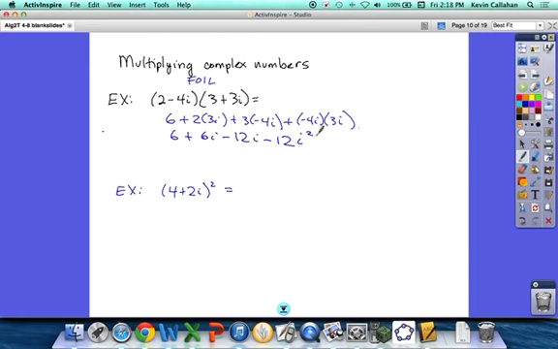But remember what we said on that first slide that had i in it: i squared equals negative 1. So 6i minus 12i is minus 6i. And this is negative 12 times negative 1. Replace the i squared with negative 1. So this will be 6 minus 6i plus 12, which is 18 minus 6i.